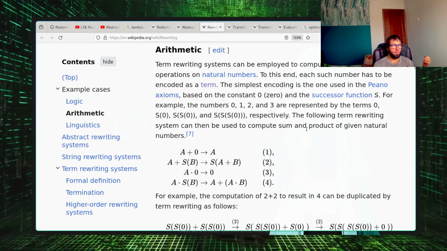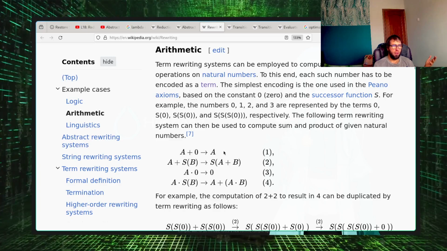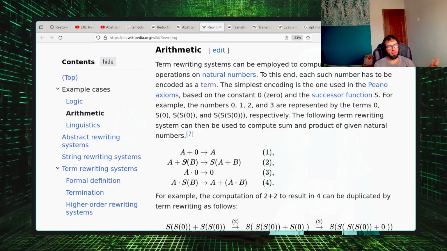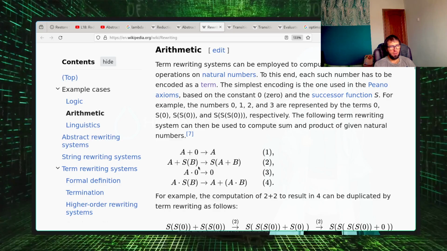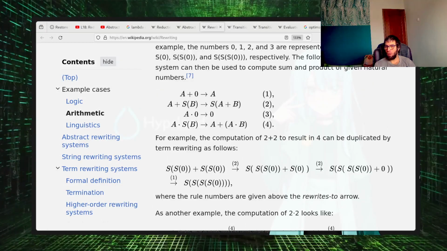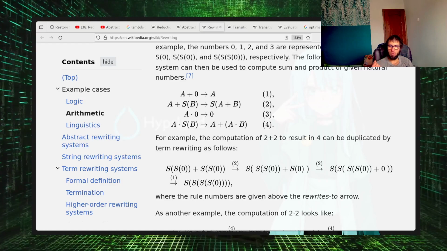And here you can see again the rules for how we can encode such a system. They say that we can replace this term with this, and this with this, and so on. And here we can see that actually computation can be encoded with such rewriting rules.